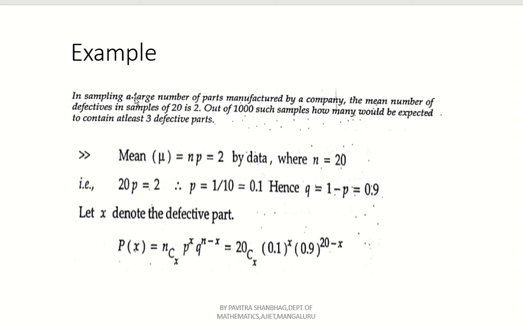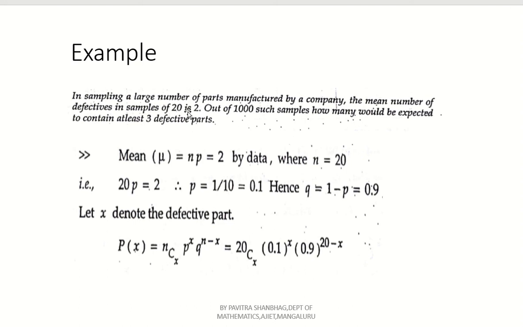In samples of 20, that means n equal to 20, and the mean number, that means NP, because mean m or mu equal to NP for the case of binomial distribution. They have given NP equal to 2 and n equal to 20.